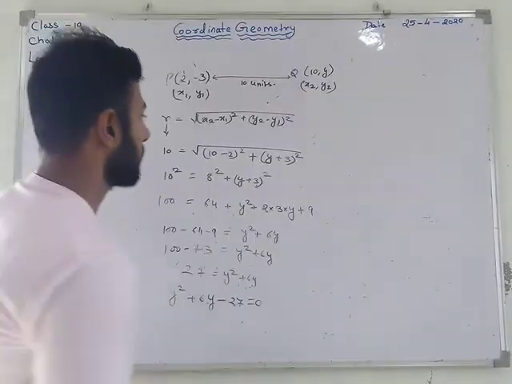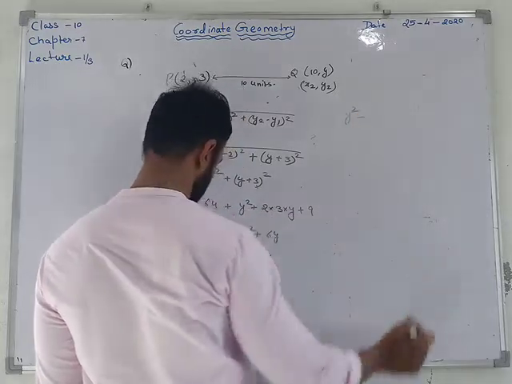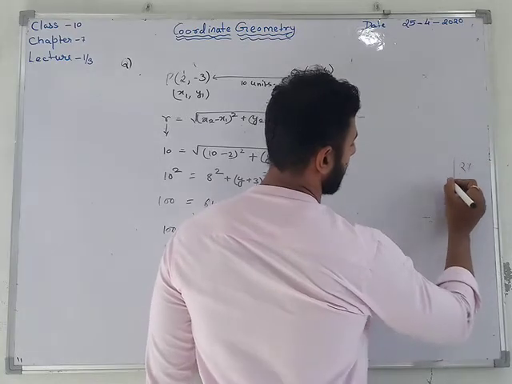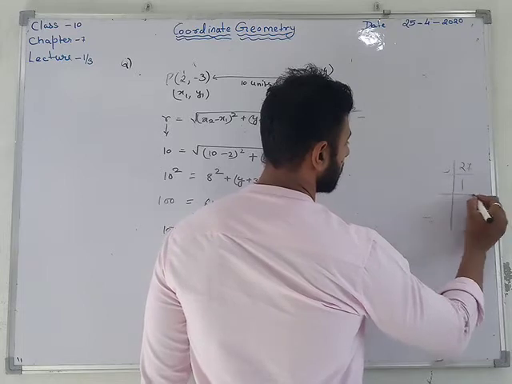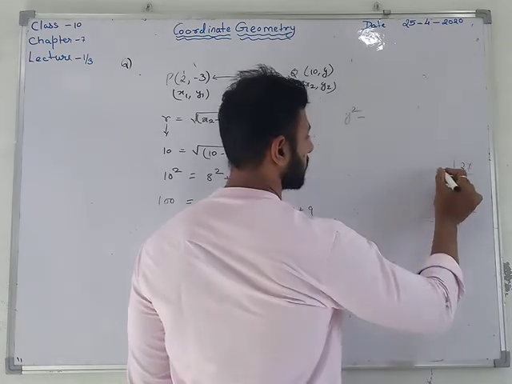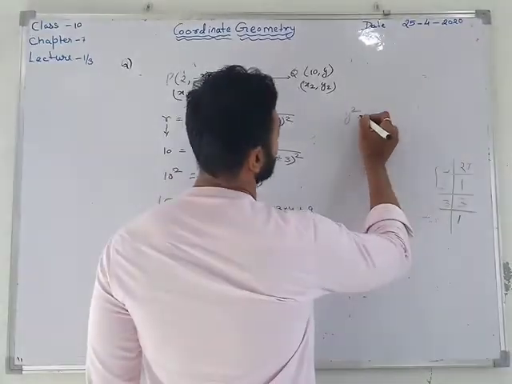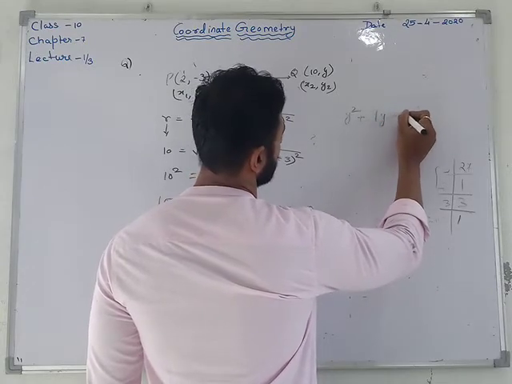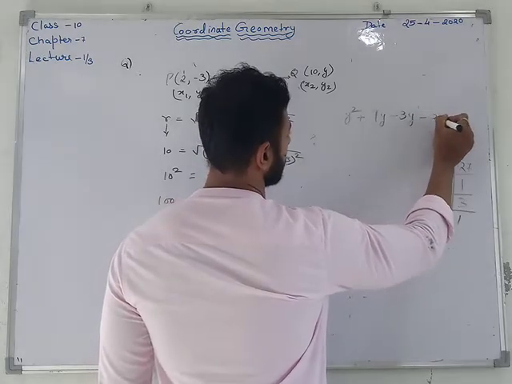Now solving this quadratic equation by splitting the middle term, 27 can be written by prime factorization as 3 9s are 27, so 9 minus 3: y square plus 9y minus 3y minus 27 is equal to 0.